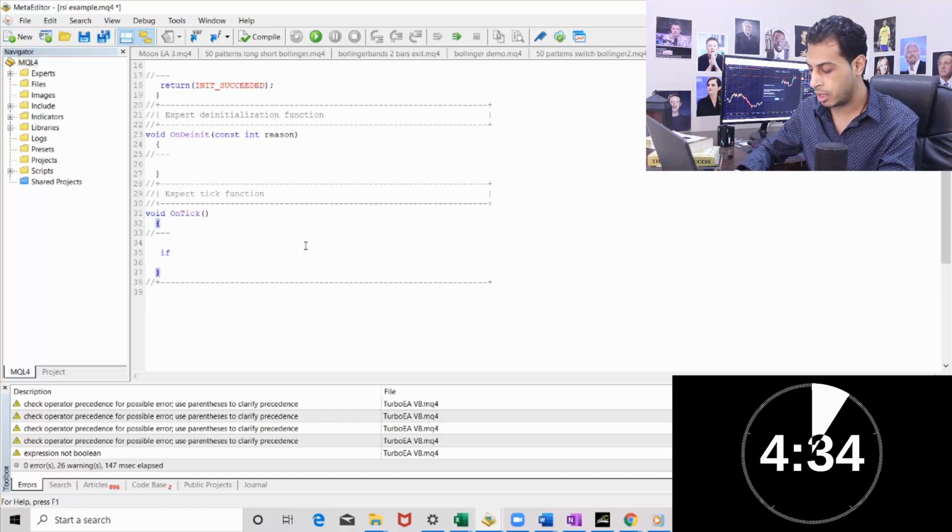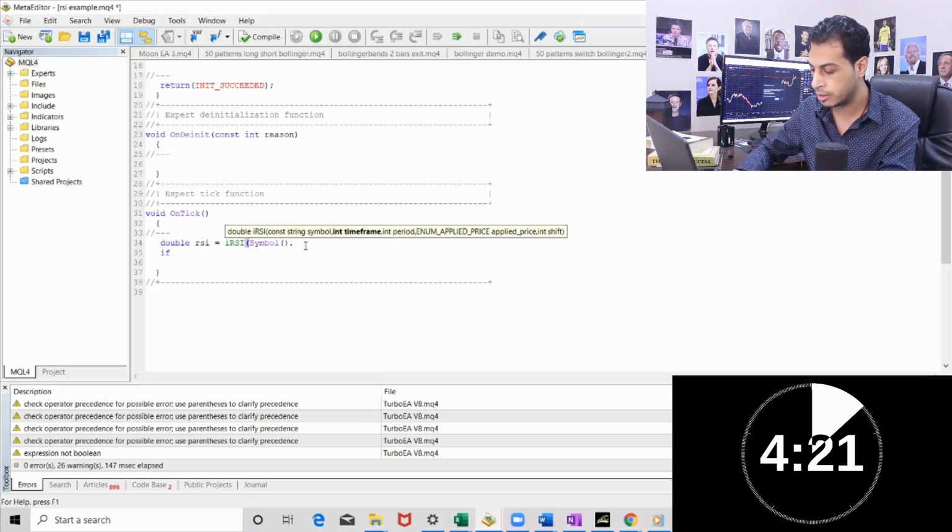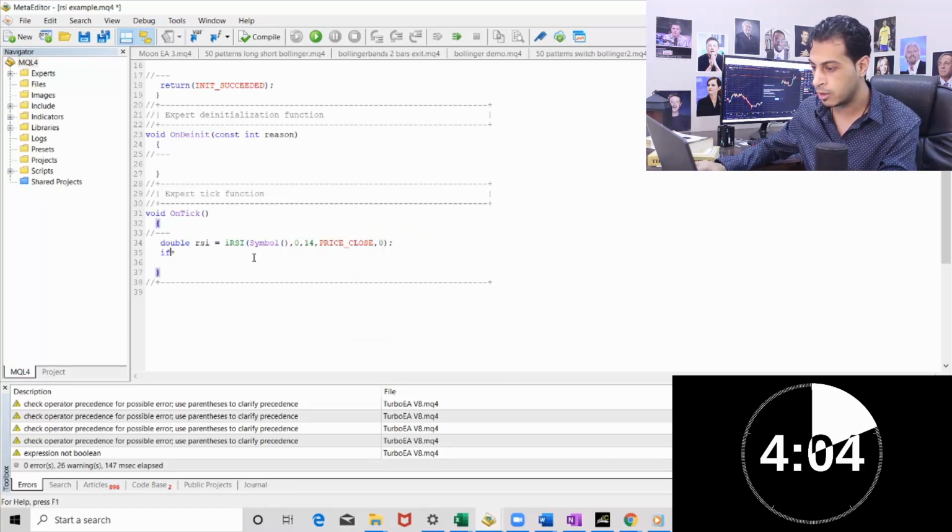So I'm going to say double RSI equal iRSI, for indicator RSI, and I'm going to put the symbol, the current symbol, and the time frame 0, and the period, it will be 14, that is the default period of the RSI, price close, and shift will be 0, and that's it. That is the value of RSI.